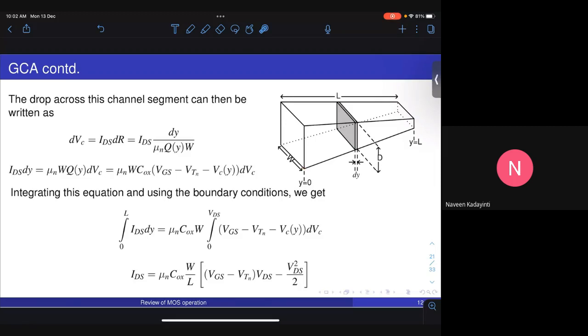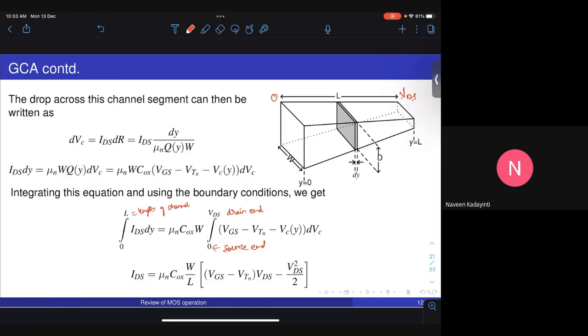At the drain end, the potential is VDS, right? So this is at the source end, and this is at the drain end. And of course, 0 to L is the length of the channel.